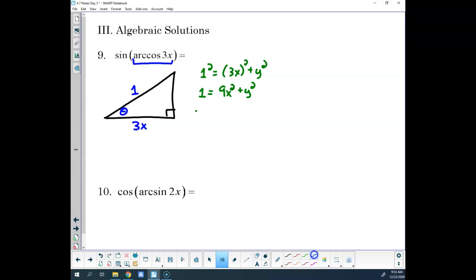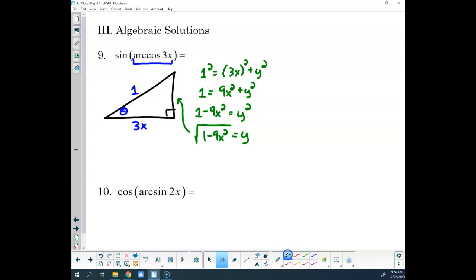So I subtract 9x squared, and I square root it. So that is this side up here, and it is also positive because I am in quadrant number 1. I don't need the plus or minus there.